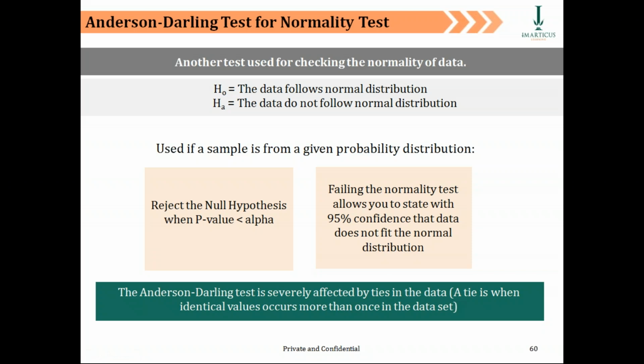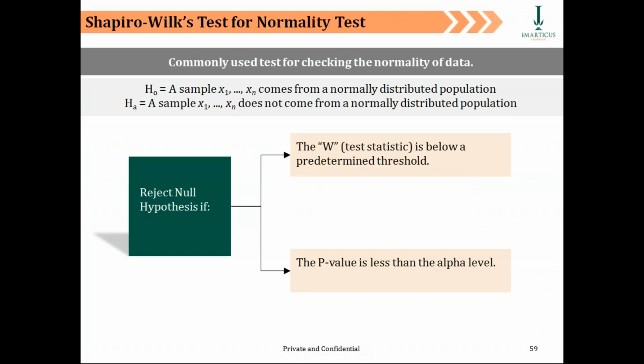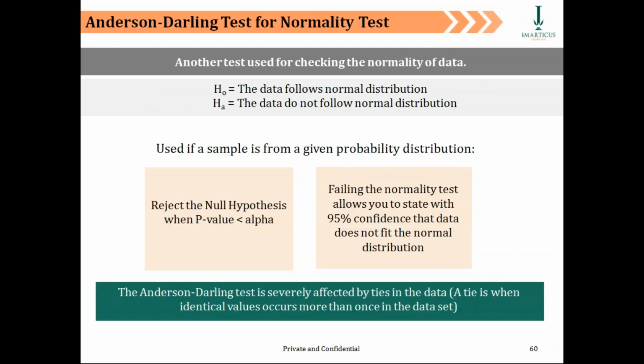Now the question comes: what is the difference between Anderson and Shapiro-Wilk? I would say that both are used in different contexts. For the Shapiro-Wilk test, a different context is there; for the Anderson test, there is a different context.